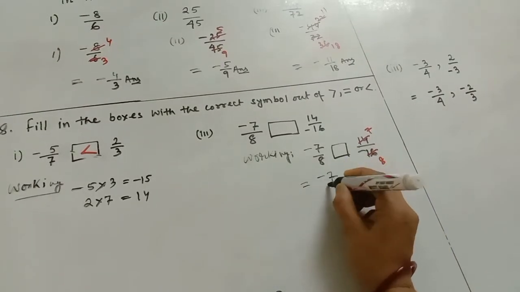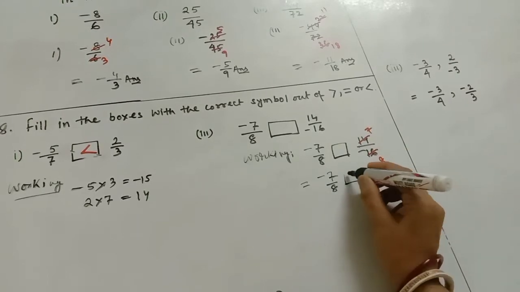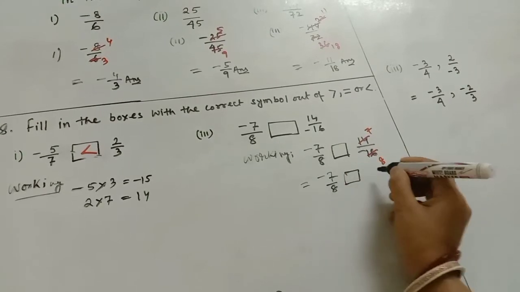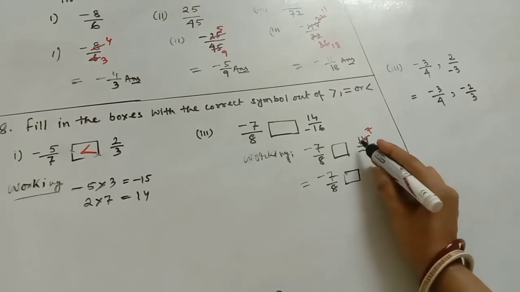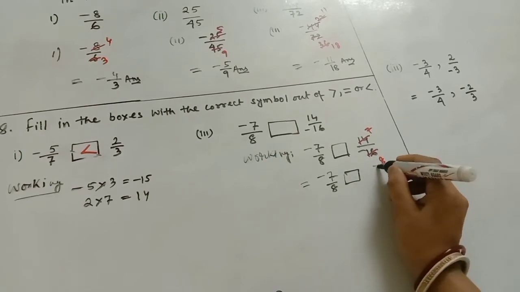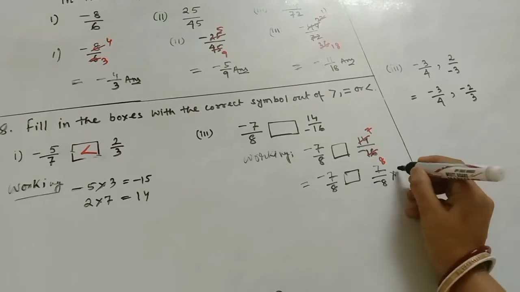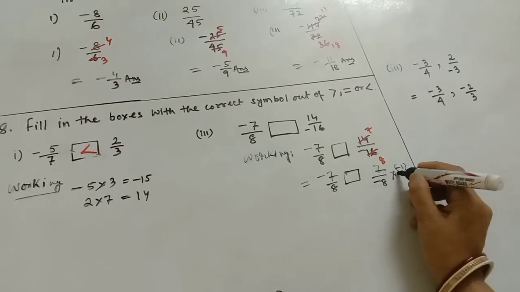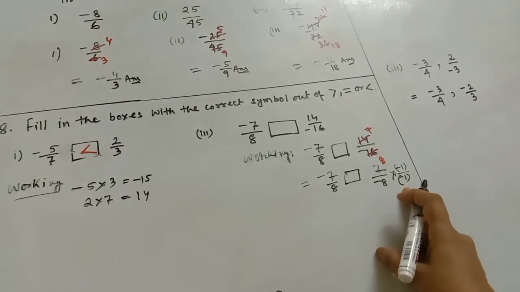minus 7 by 8, and you have to take it in standard form also, as you know that in the standard form of the number, the negative sign we have to take in the numerator. So it was 7 by minus 8, and if we multiply both numerator and denominator by minus 1, we can make the denominator positive.